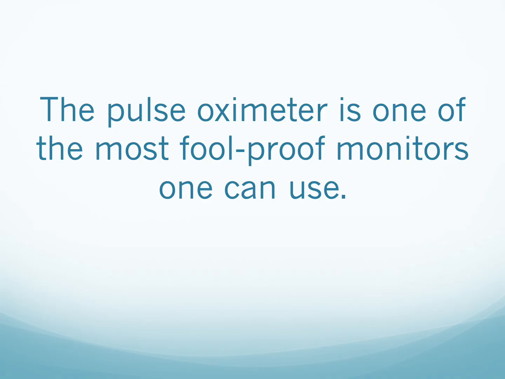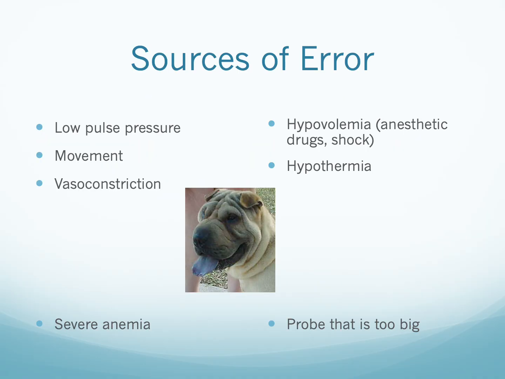The pulse oximeter is one of the most foolproof monitors one can use. Well, this is true and false. It's true that it is a simple method to place on a patient, for sure. So it really should be done on every patient that we are doing anesthesia on, at least, and then other animals as well.